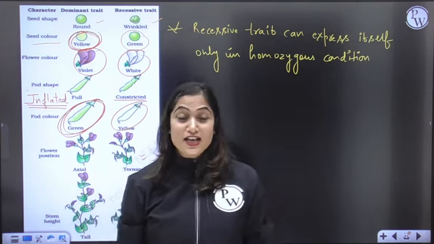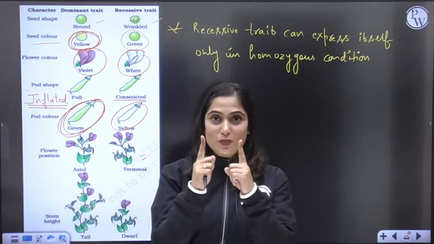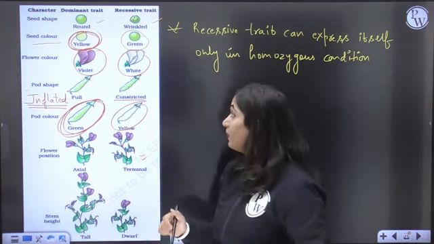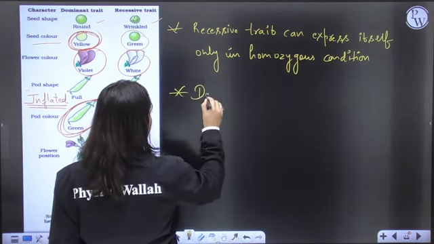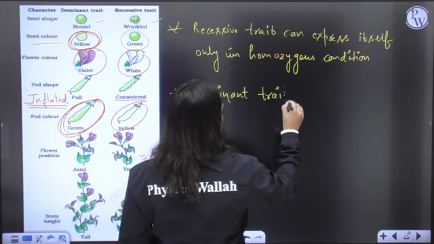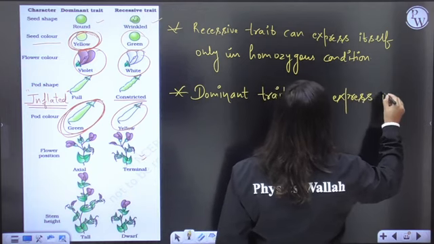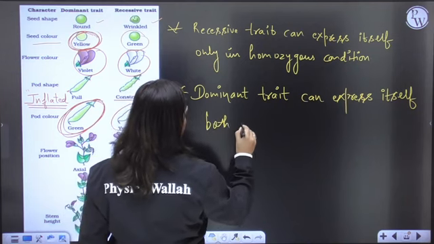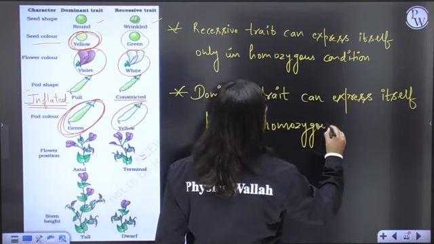A recessive trait can express itself only in the homozygous condition, because a recessive allele, when present with the dominant allele, cannot give the expression because the dominant allele dominates it. And what we can say otherwise is that a dominant trait can express itself both in homozygous and heterozygous condition.